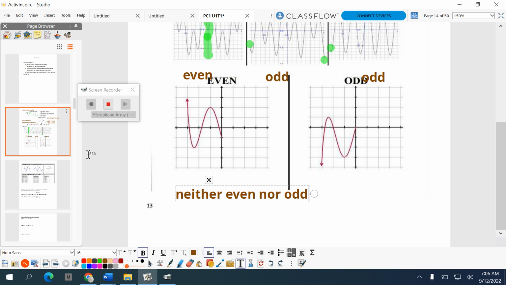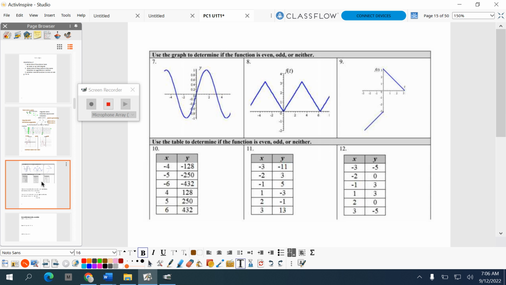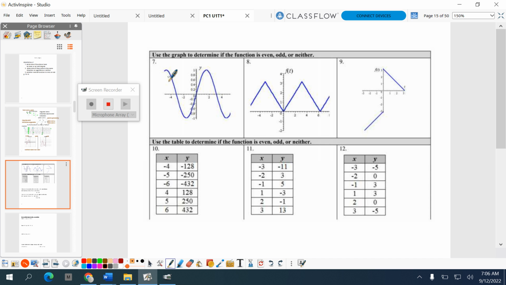So moving on to page number 14. It says use the graph to determine if the functions are even, odd, or neither. So let's look at these directions here. So I have this function. It's going back down. It's going back up here.